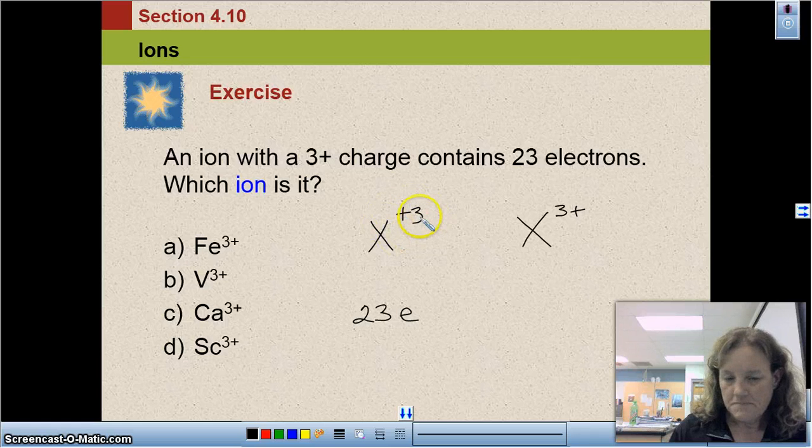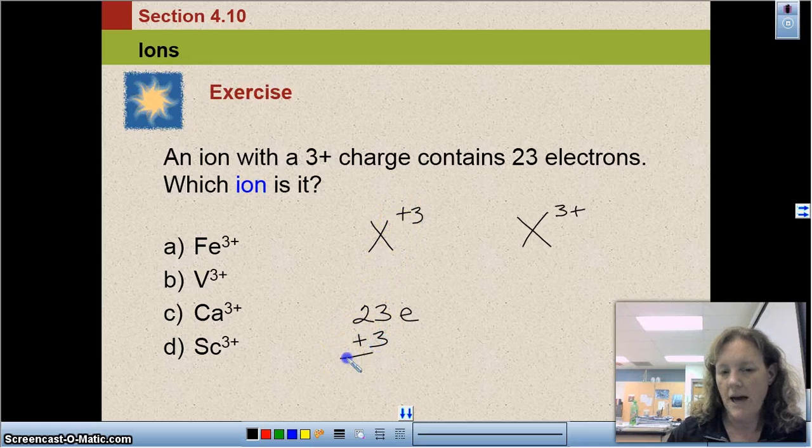What happened to it? If it had 23 electrons as an ion, what happened to get a +3? Well, we must have lost 3 electrons. So it has 23 after we lost 3 electrons. So let's add those 3 electrons back. It used to have 26 electrons when it was neutral.